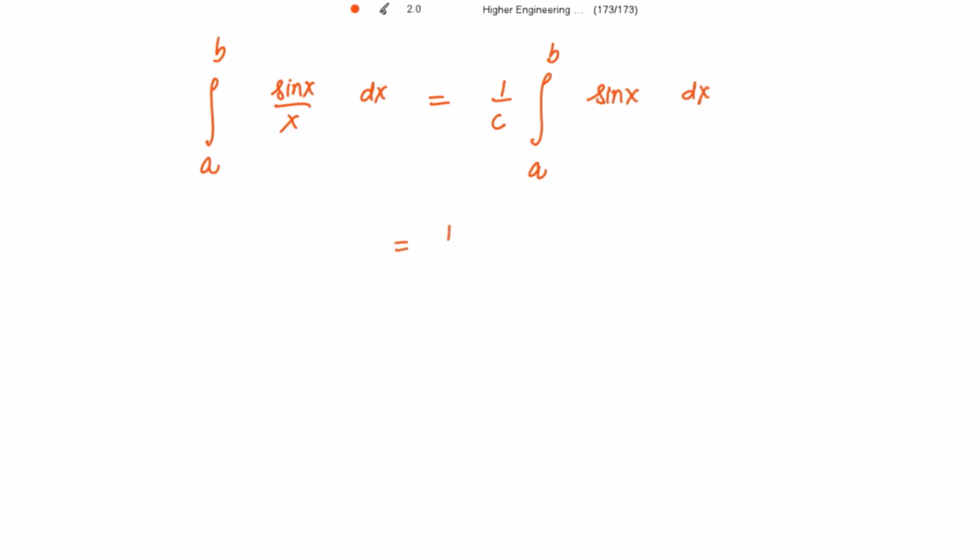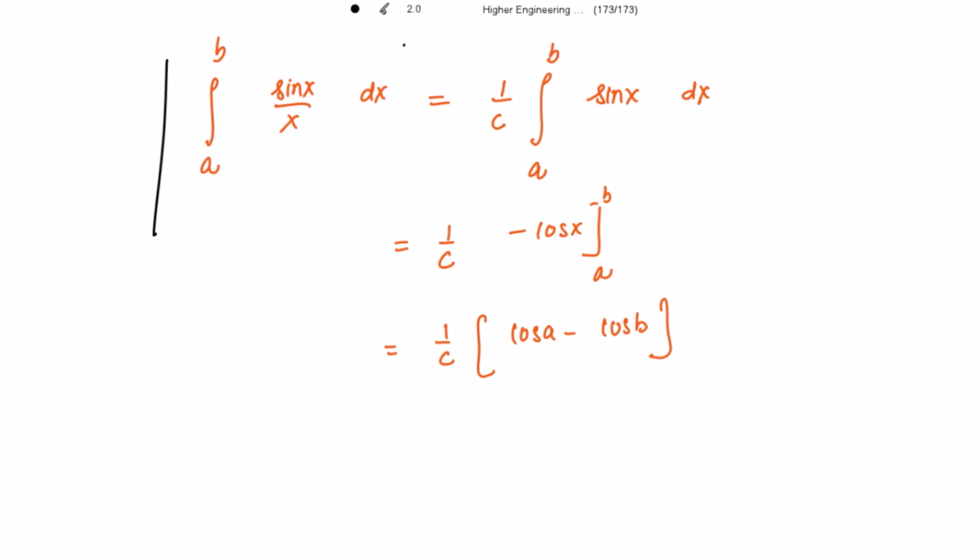So this is equal to 1 divided by c. Okay, the integration of sin x is negative cos x, with the limits from a to b. So this is 1 divided by c. Putting the upper limit, we get minus cos b, minus, putting the lower limit, we get minus cos a. That becomes cos a minus cos b.